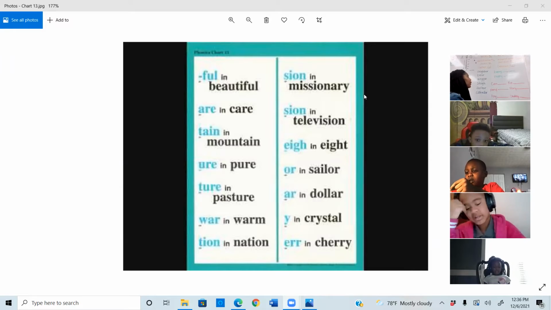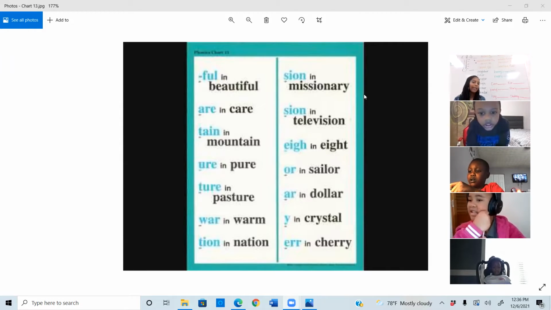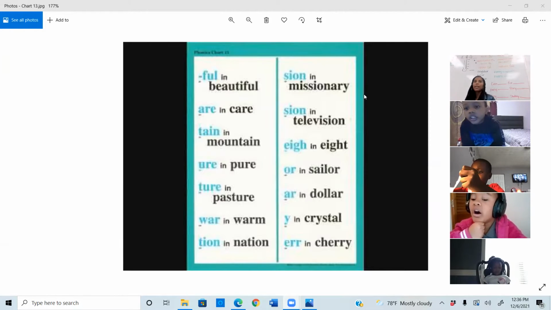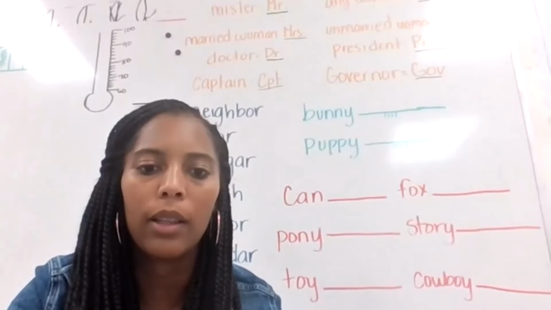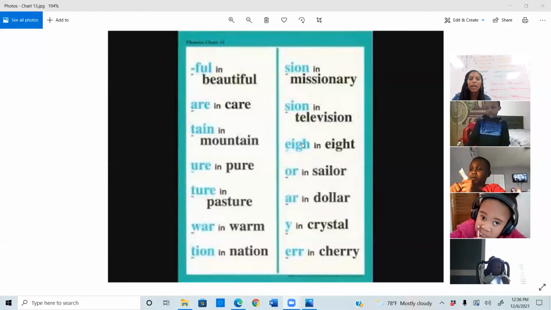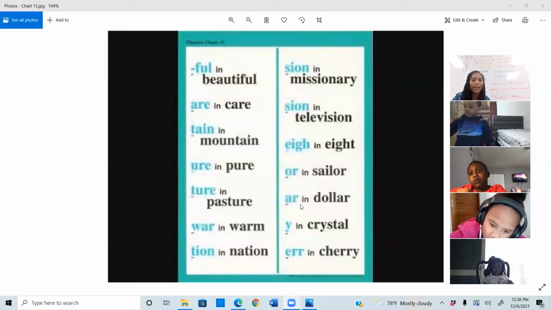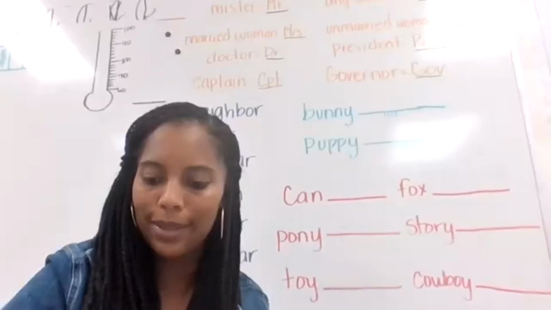A-R says in dollar. Y says in crystal. E-R-R says air in cherry. Awesome. So that is phonics chart 13. So today we are learning the sounds E-I-G-H that says A, O-R-R and A-R-R off of chart 13.